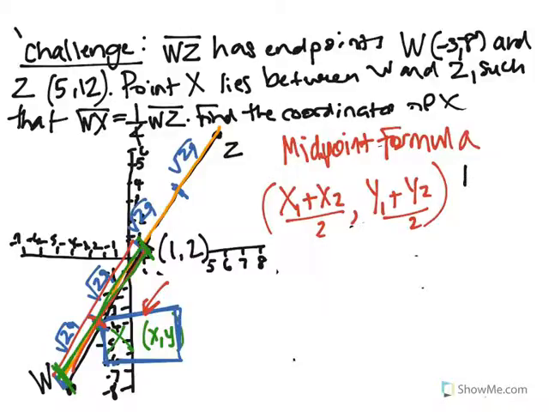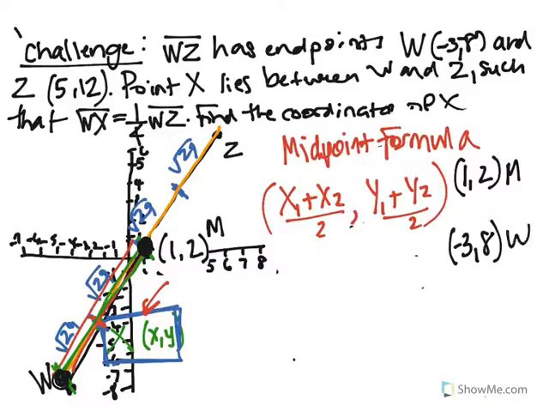So I have (1, 2), which is the midpoint of WZ. Let's just call that M for midpoint, okay? And then I have W, which is (-3, -8), and that's W.